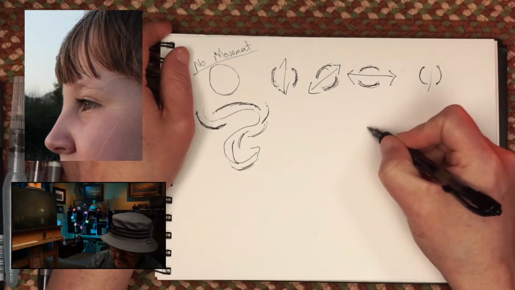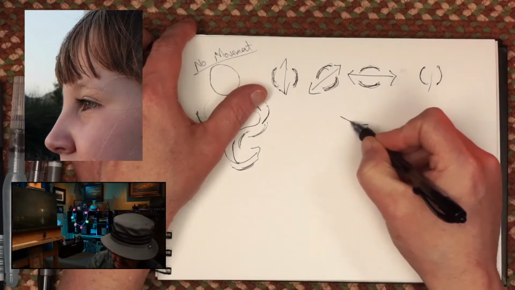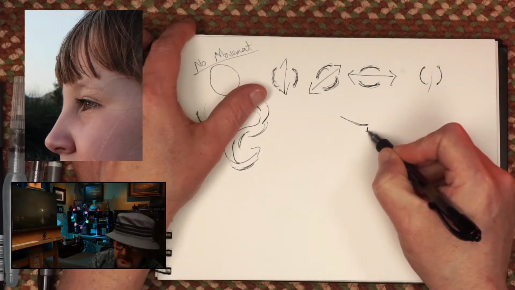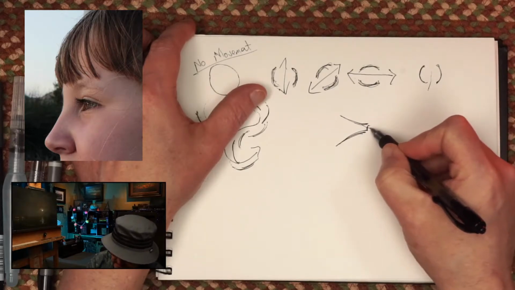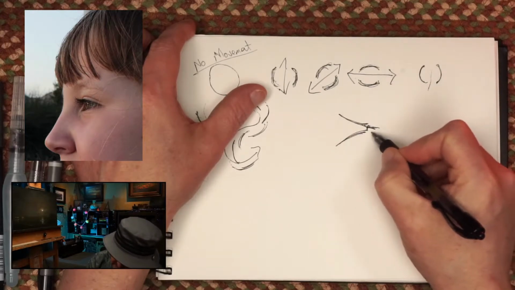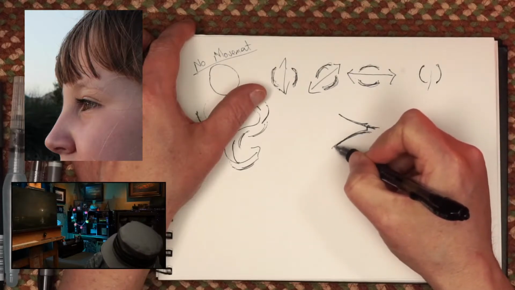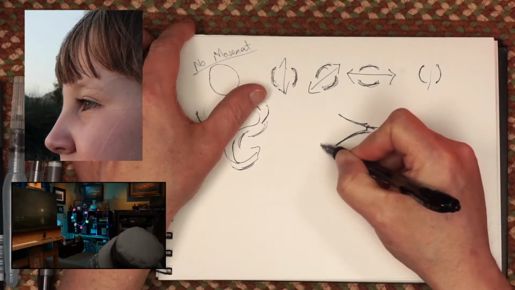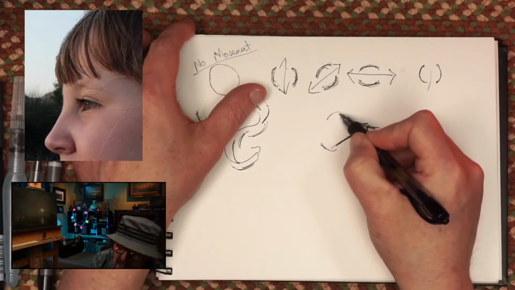But what's the basics of this eye? Well, basics of the eye is that top one. I'm going to go out those eyelids, and then we're going to tuck back in, curve around.